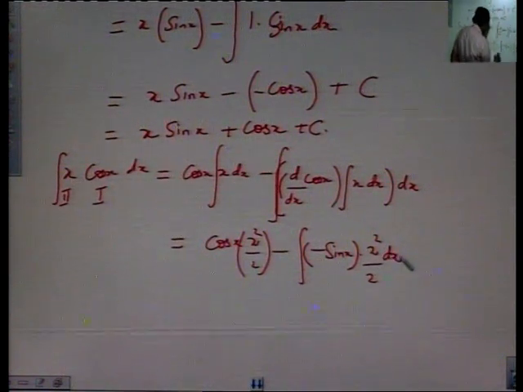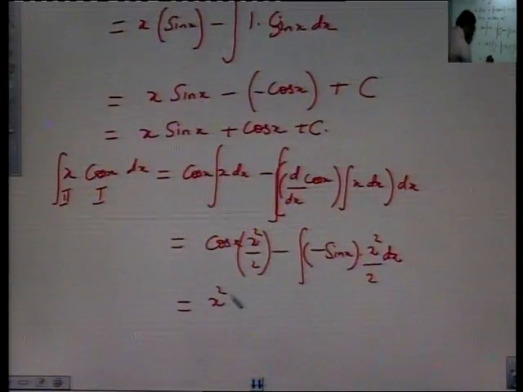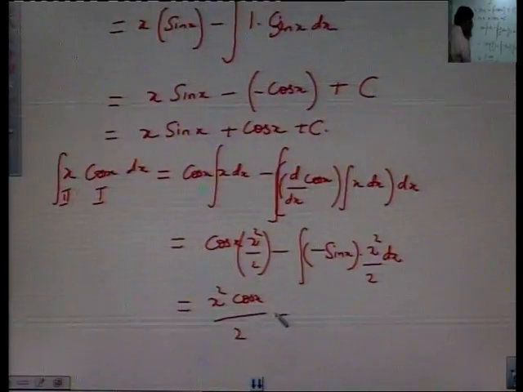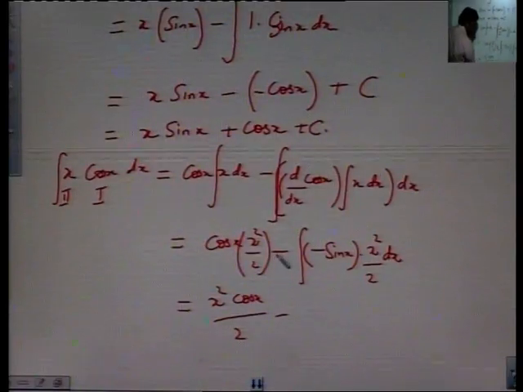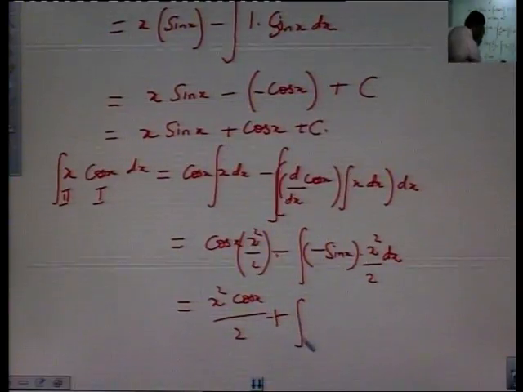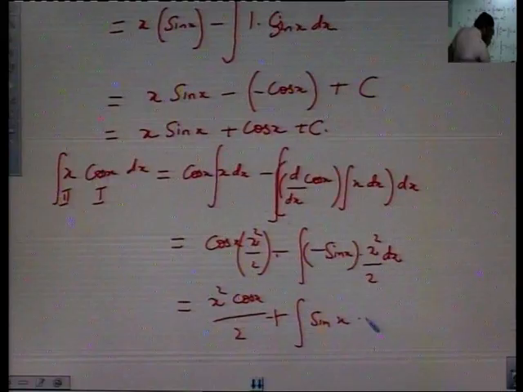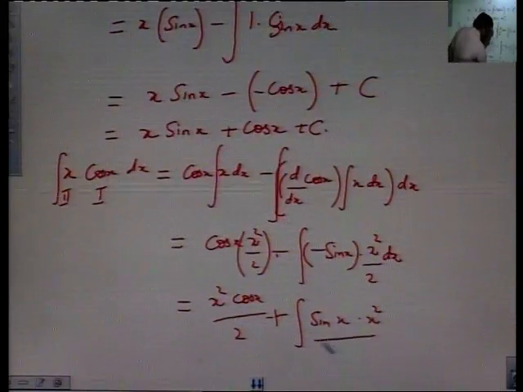Now, look what has happened here. It gets x square cos x upon 2, minus into minus becomes plus, sin x into x square upon 2 dx.